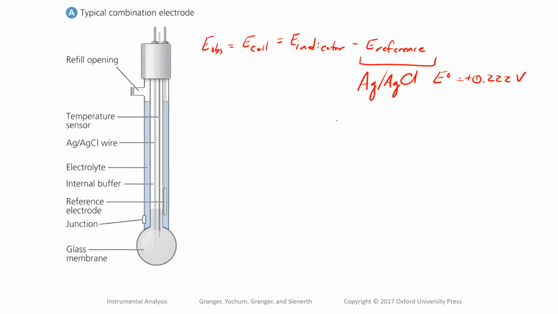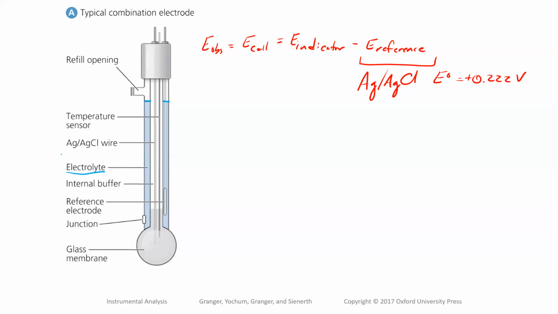And that's what we compare everything else against, right? And so if we again take a look at this pH probe that's sort of blown up for us here, our interior solution, this electrolyte solution, is going to be a saturated KCl.